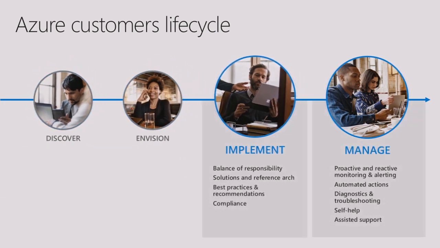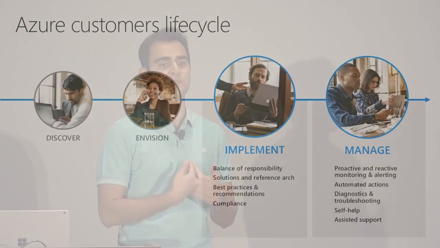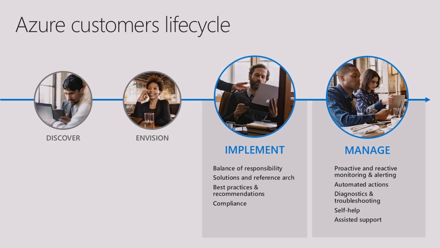Let's do a double click into the implement and manage phases and a brief overview of the kind of stuff I'm going to cover in this session. When we talk about the implement phase, the first thing I'll talk about is balance of responsibility. From Microsoft's perspective, we try to make sure that we deliver to you the most reliable cloud platform.